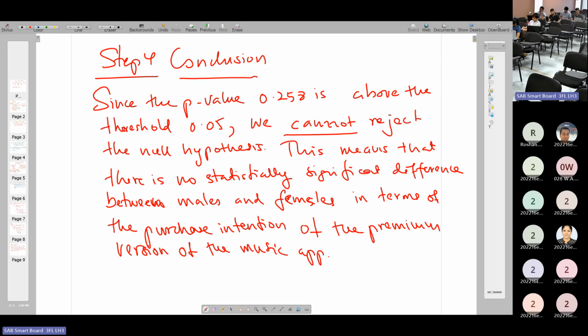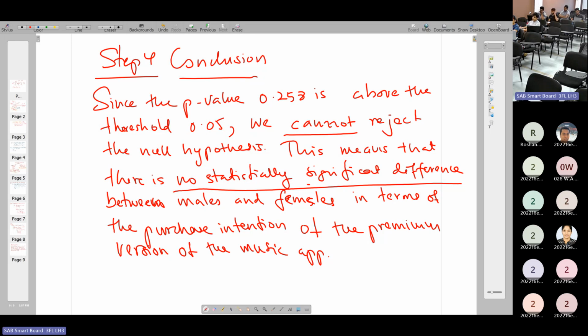There is no significant difference. So males and females are not different in terms of the purchasing intention, right?